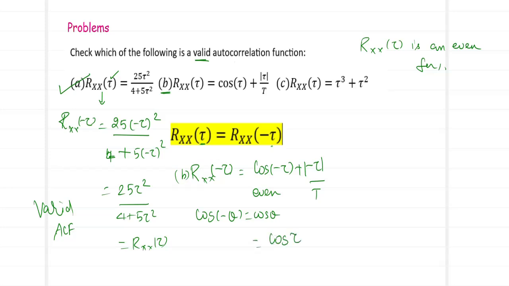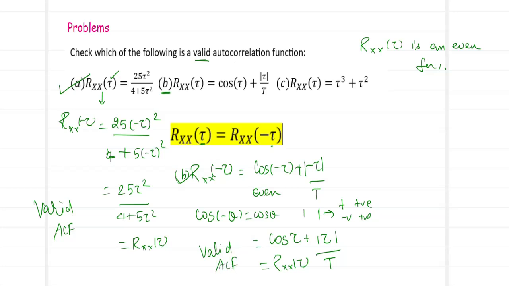And modulus converts a positive as positive and a negative as a positive. So anything inside modulus gives me the positive data. So you will have divided by t, which is the same as my Rxx of tau. So the second one is also a valid autocorrelation function.